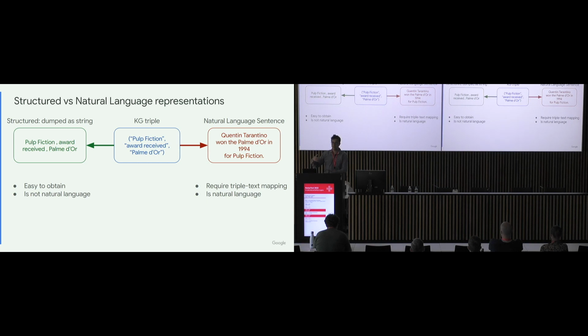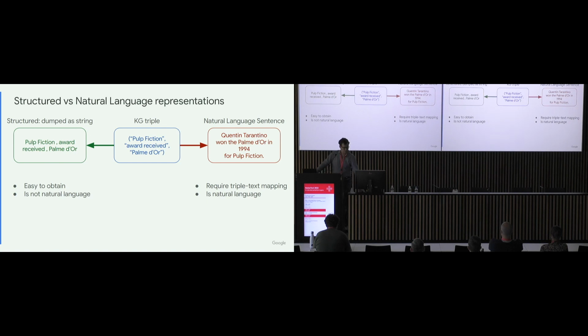You need to be able to either generate sentences based on the triples or align the triples to sentences in some way. You need this triple to text mapping in order to put your knowledge graph in a format that can be consumed by natural language large language models.